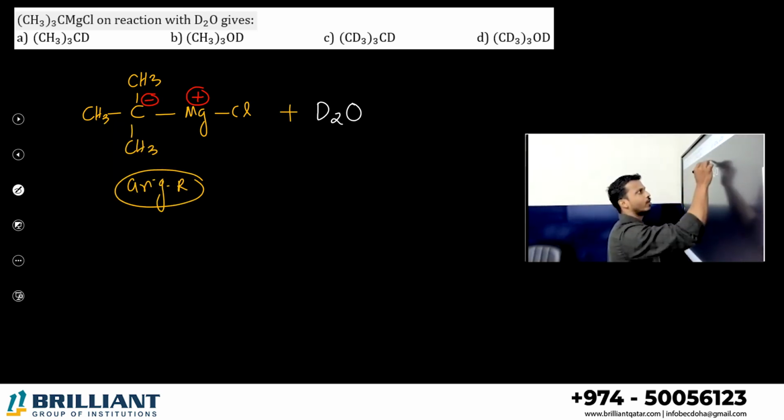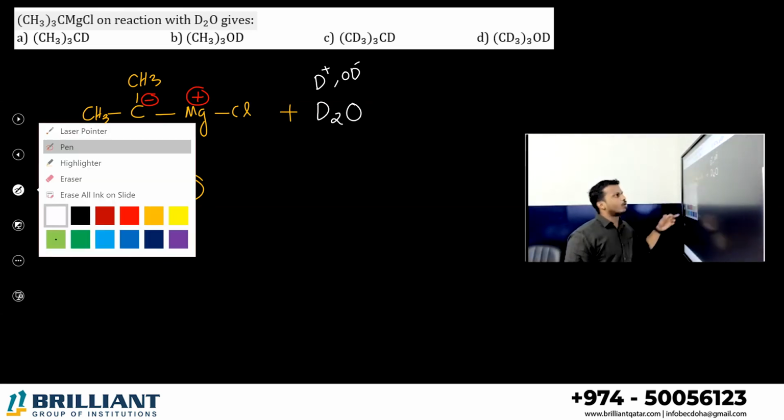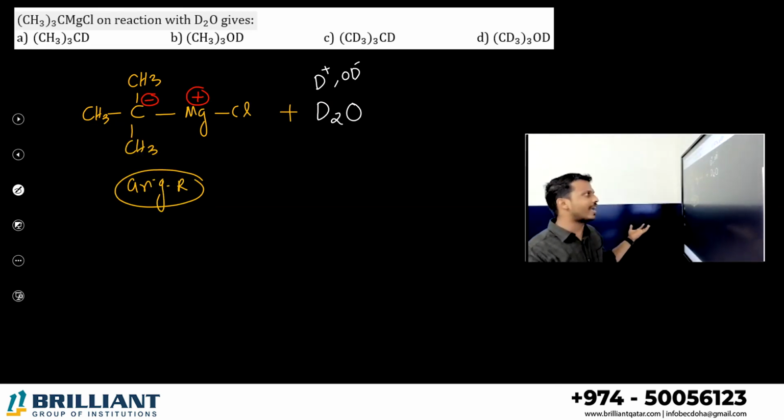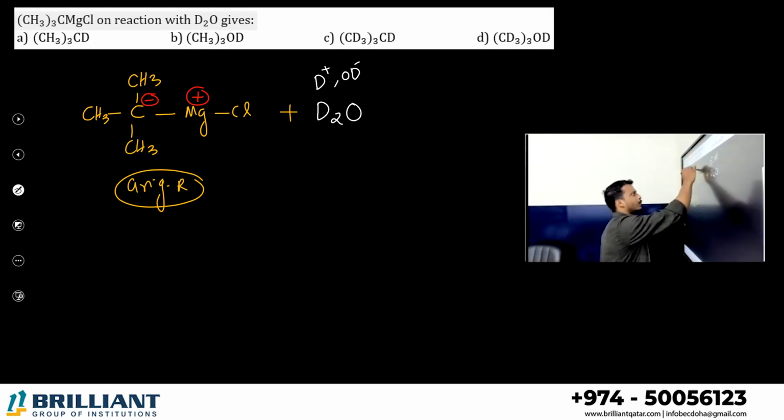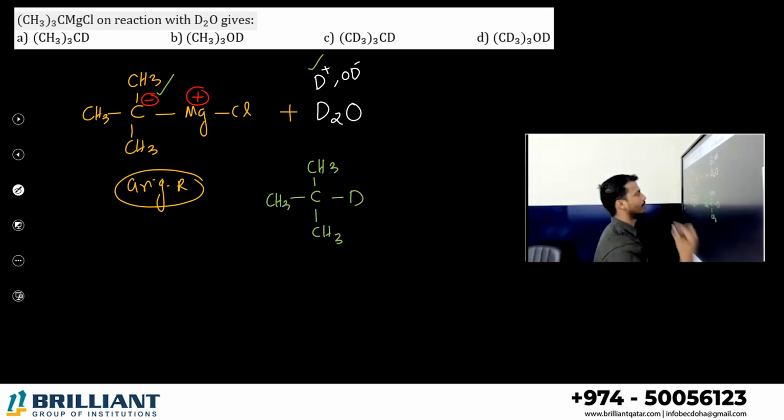D2O contains which ions? D plus and OD minus. If it is H2O, H plus and OH minus. Similarly for D2O, what you have to do is just interchange the cation and anion to the negative position. You add D plus, so your compound will be (CH3)3C with D plus. What is the byproduct?